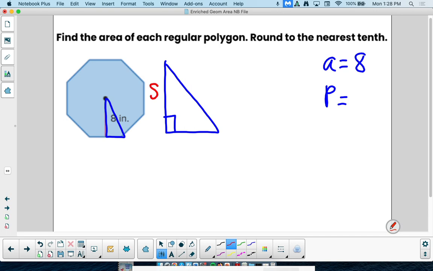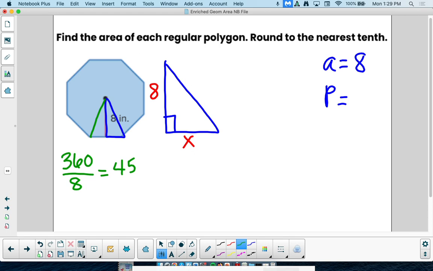I know this is 8, and we have to figure out what our side length is. Figure out our angle, so 360 divided by 8. Yep, 45.